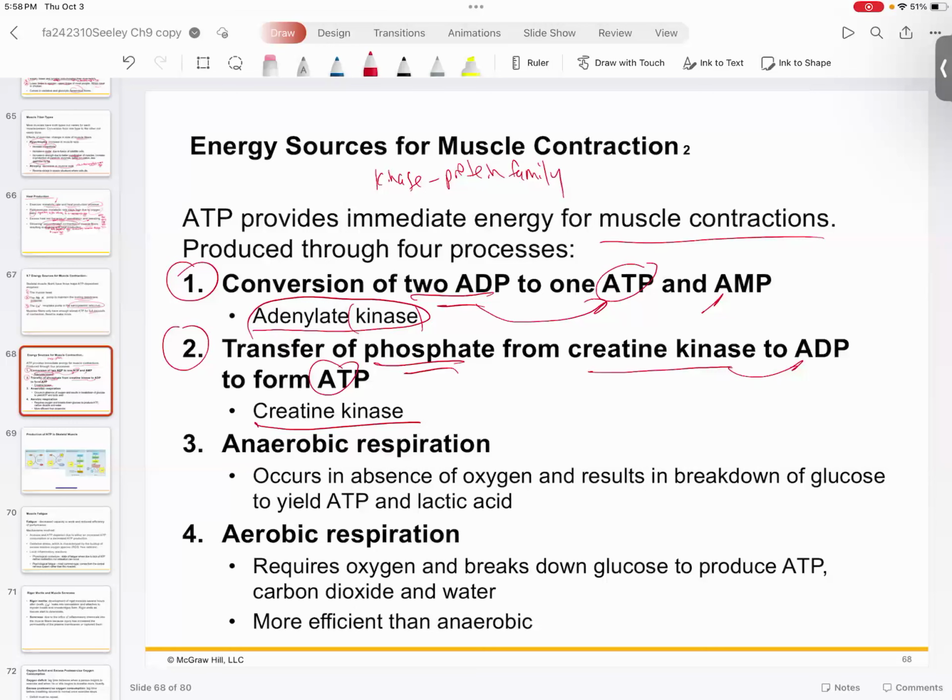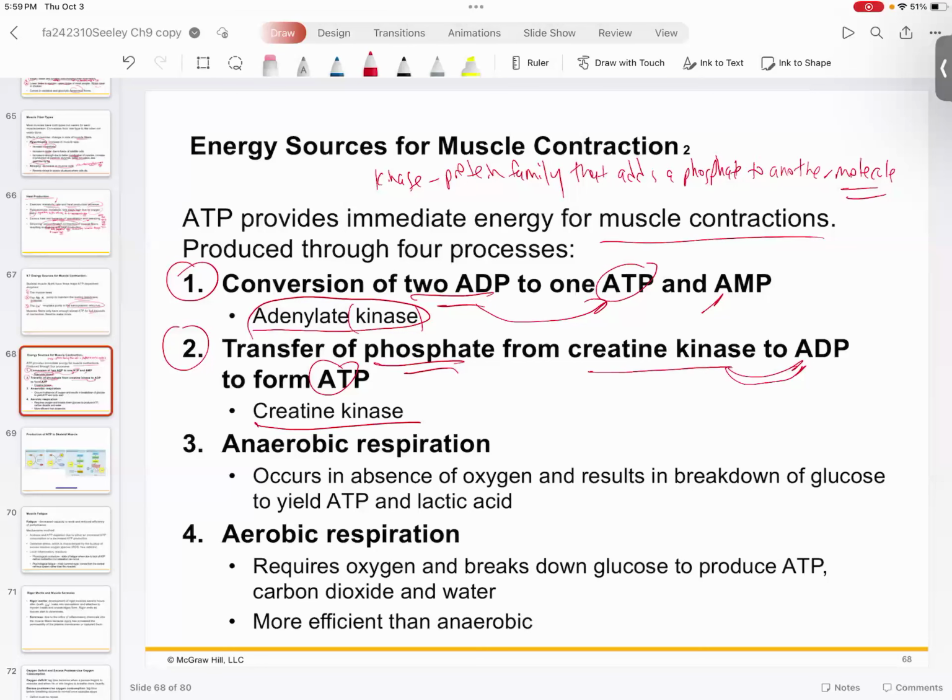There's a lot of different kinases out there that add a phosphate to another molecule, usually another enzyme. So in this particular case, creatine kinase is going to add its phosphate to ADP. So that's another way to create a quick and cheap supply of ATP.